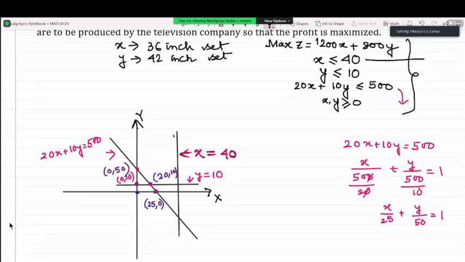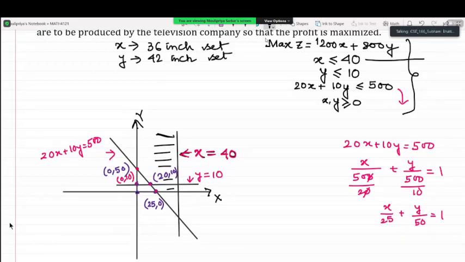Fantastic. Now, if I further consider the inequalities that are present, x less than or equal to 40 would imply which region? It would imply between 0 and 40. Exactly, it would imply this region. Fantastic. y less than or equal to 10 would imply which region?